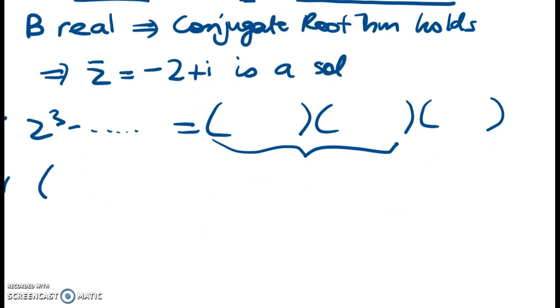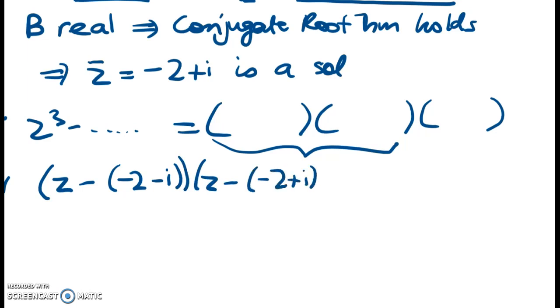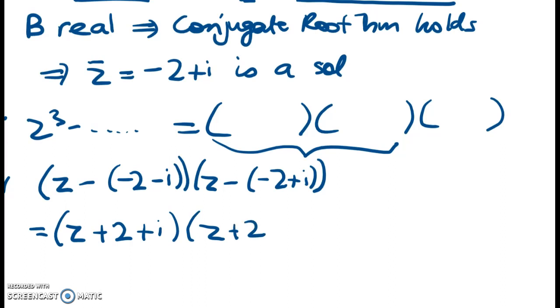Right, so let's look at what we get if we have Z minus -2 minus I times Z minus the conjugate, -2 plus I. Right, so this pattern should be very familiar. Let's clean it up first. We don't want to be working with all those brackets. So it's going to be Z plus 2 plus I times Z plus 2 minus I.